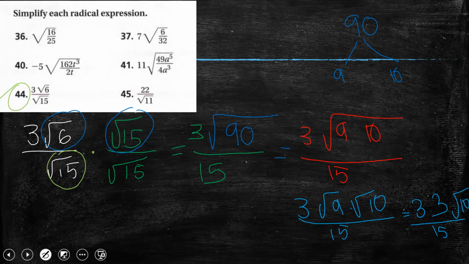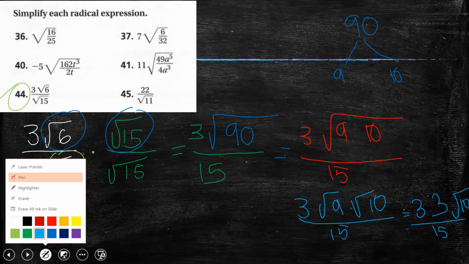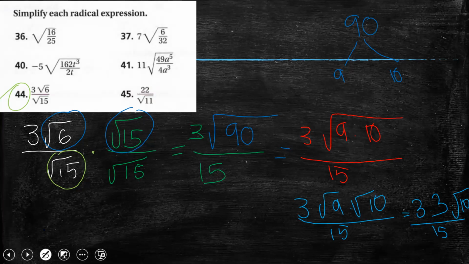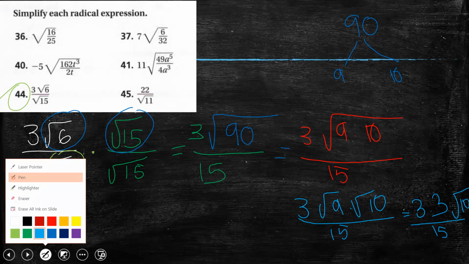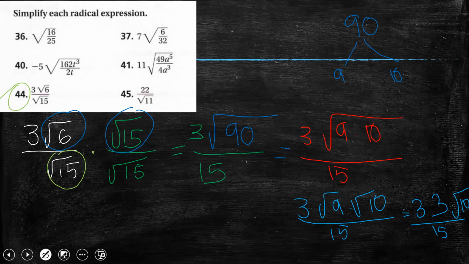Now, after this step, I simplify the denominator, then I simplify the numerator. Now look at 3 and 15. Can I simplify them? Yes, teacher, you must. If I divide by 3, we get 5.